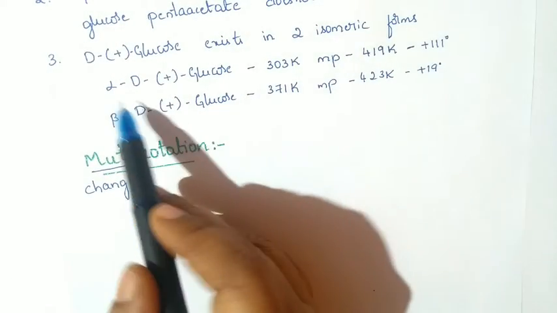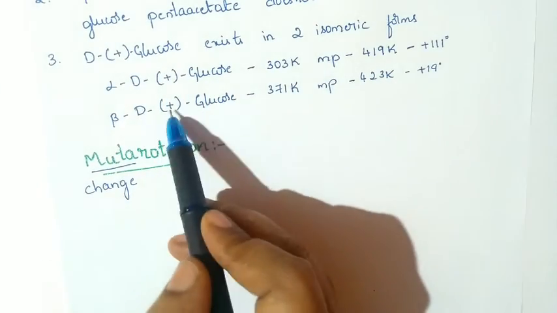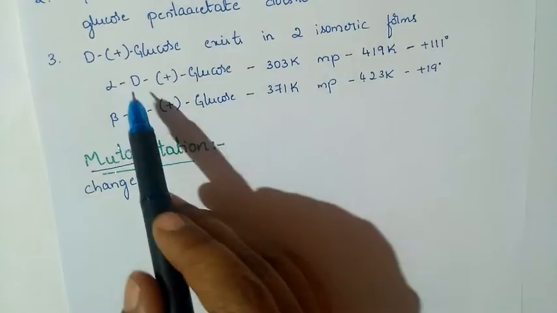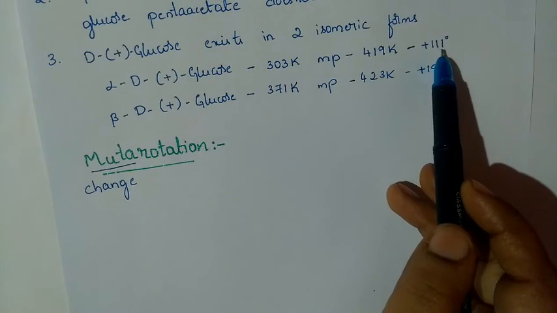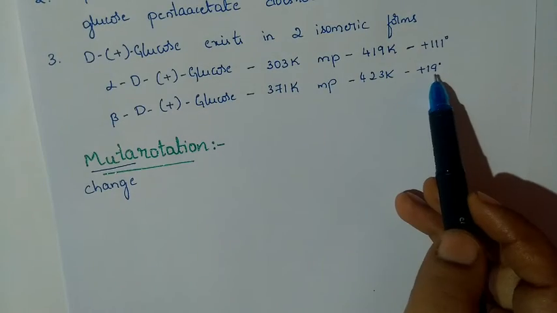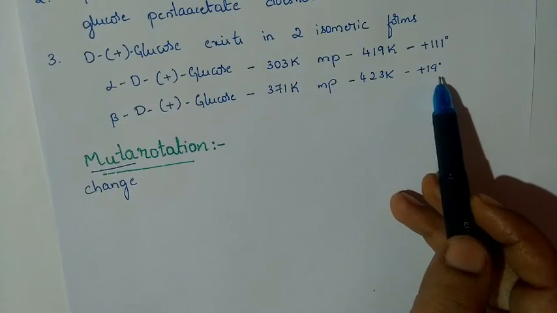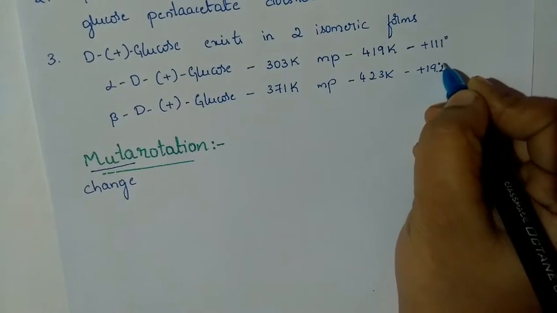So we have two forms, either alpha D plus glucose or beta D plus glucose. We have seen that alpha D plus glucose has a specific rotation of plus 111 degree and beta D plus glucose has a specific rotation of plus 19.2 degree.